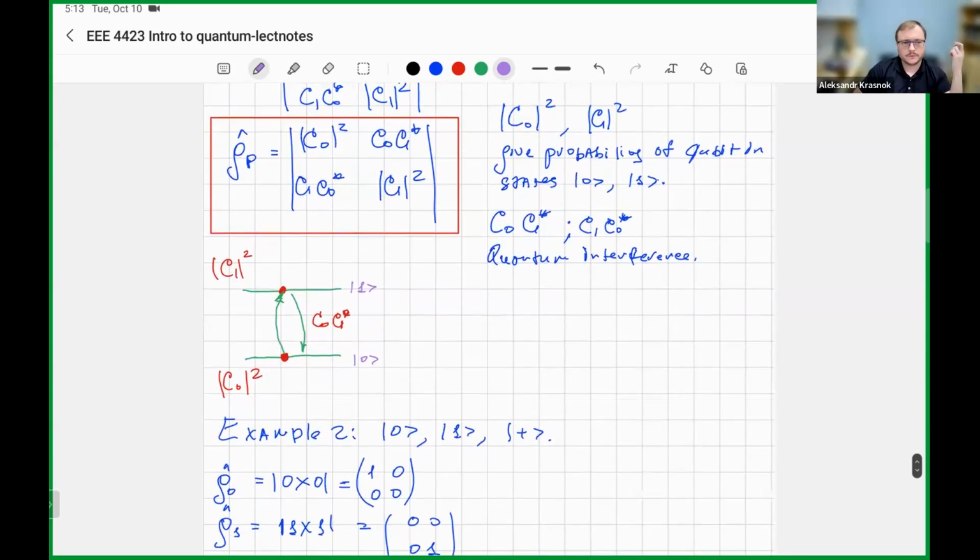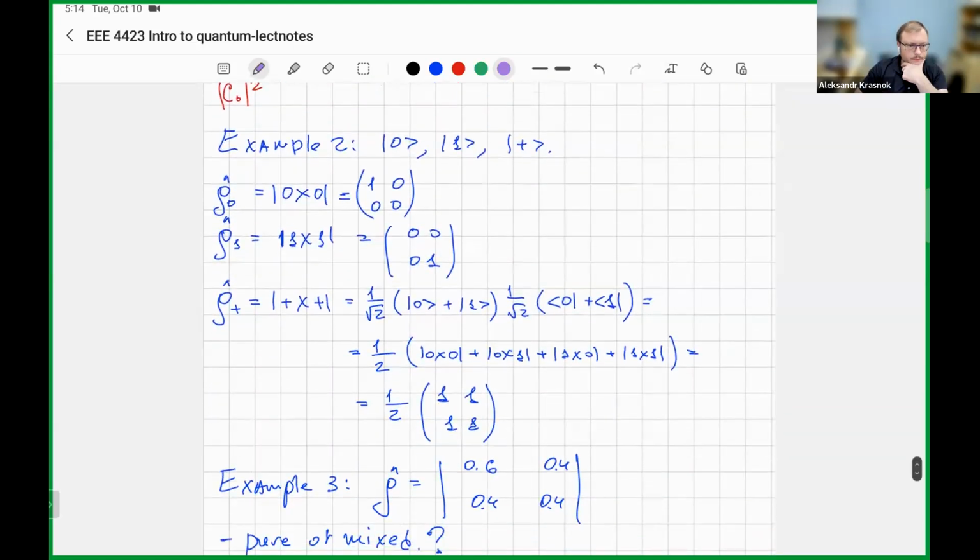The elements C0 absolute squared and C1 absolute squared represent the probability of finding the qubit either in the excited state 1 or in the ground state 0, and the C1 C0 density matrix elements give the quantum interference of the two. So basically these two elements allow the states to interfere or interact.